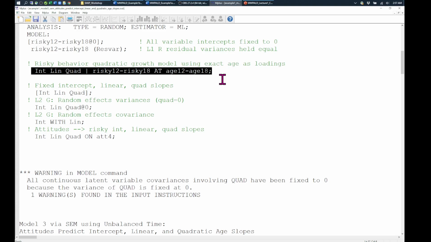What he's referring to is invoking cluster robust standard errors in your analysis, type equals complex. And that solves the standard error problem, but it does not solve the pushing together of between relations and within relations. So you will get a correct standard error for an incorrect coefficient. And to me, that's not better.